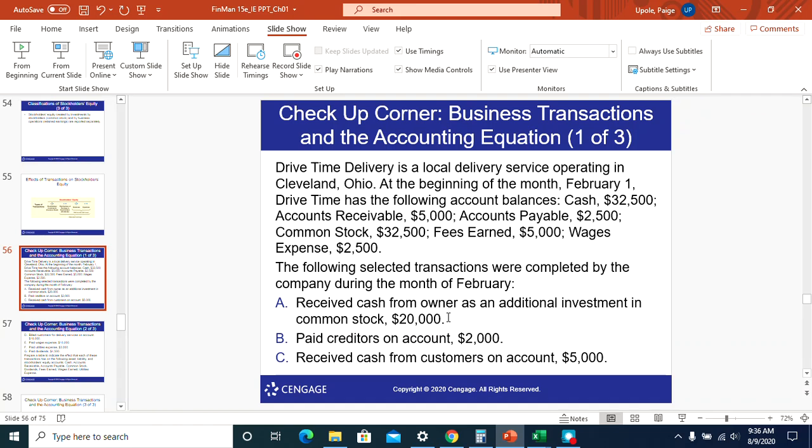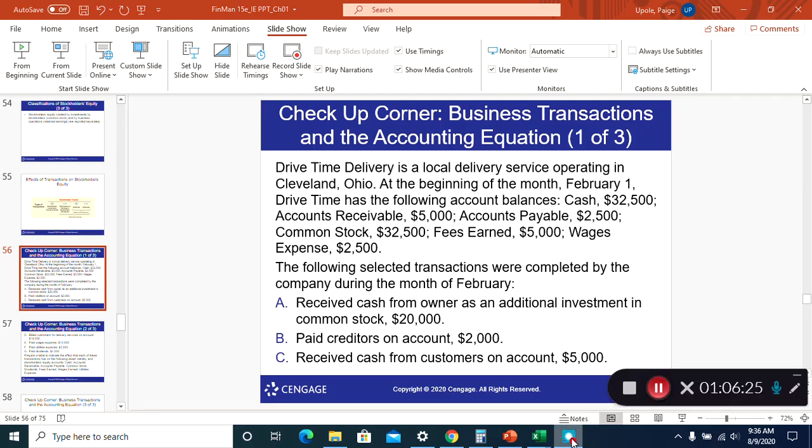Would it be an asset, a liability, or an equity increase or decrease? And then I'll add on the component of how we would record a journal entry associated with these activities. So I would encourage you to stop the video and actually take the time to go through this yourself to make sure you're on the same page as me. Start back up when you're done, and we'll walk through the solutions.